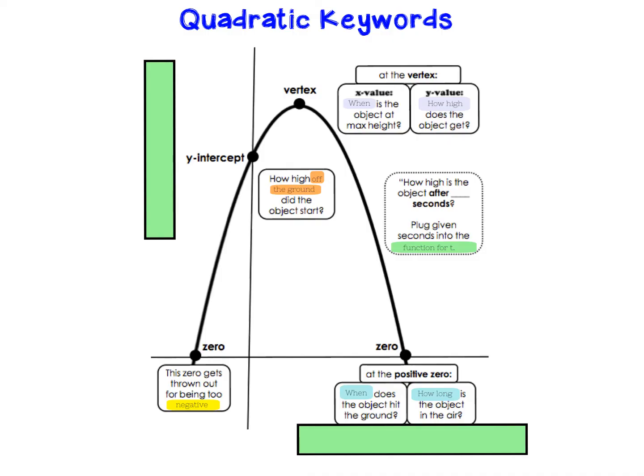Because remember, the x-intercept is when y is 0. So when the height is 0, which is on the ground, the x value, or the time, will tell me when. We can also answer the question, how long is the object in the air? And these green boxes are just to remind you that my x-axis is being measured in time, and my y-axis is being measured by height.